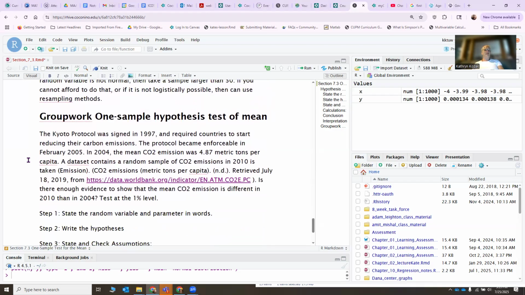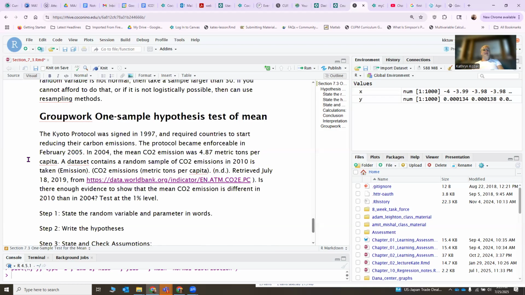So here's our example. The Kyoto Protocol was signed in 1997 and requires countries to start reducing their carbon emissions. The protocol became enforceable in February 2005. In 2004, the mean CO2 emission was 4.87 metric tons per capita.